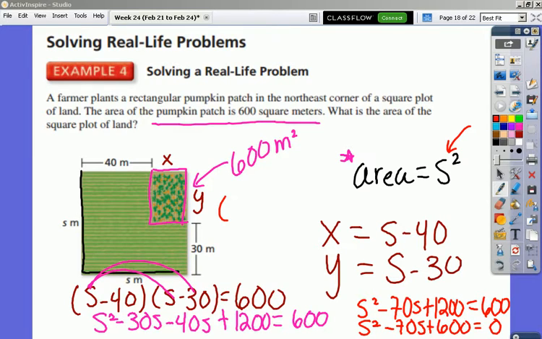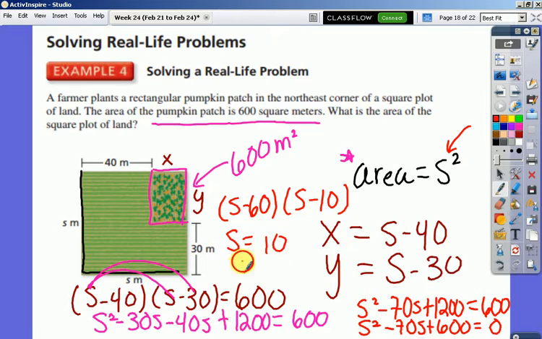So what were your two numbers that you put up there? Yeah. So we're looking at s minus 60 and s minus 10. Now that would leave me with two different s's. Which one doesn't make sense and why?